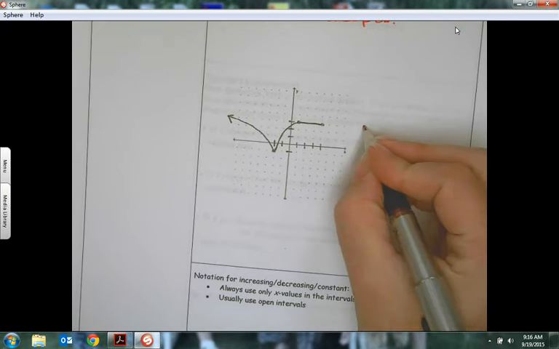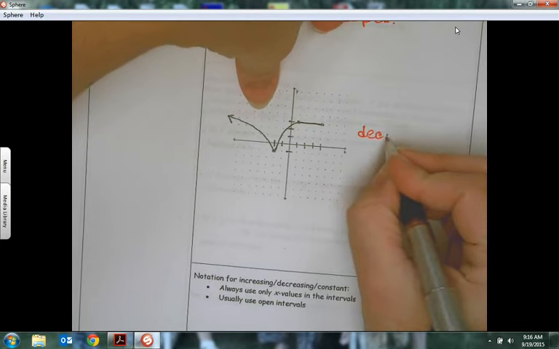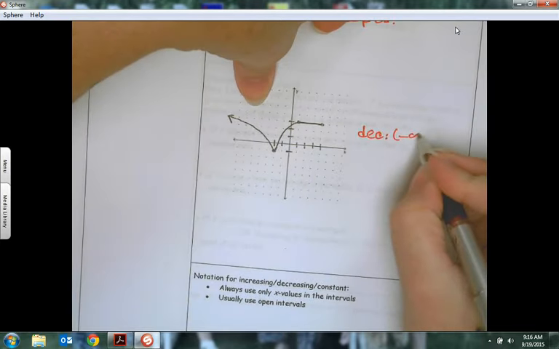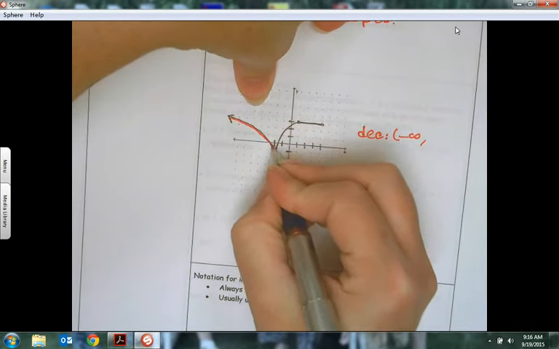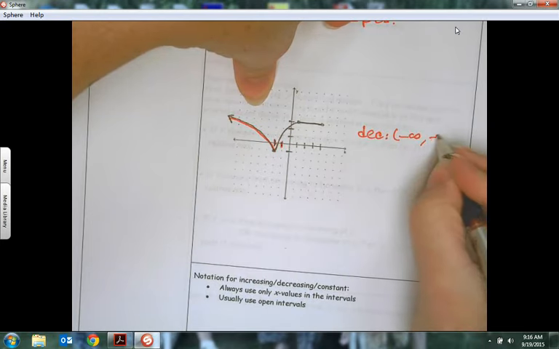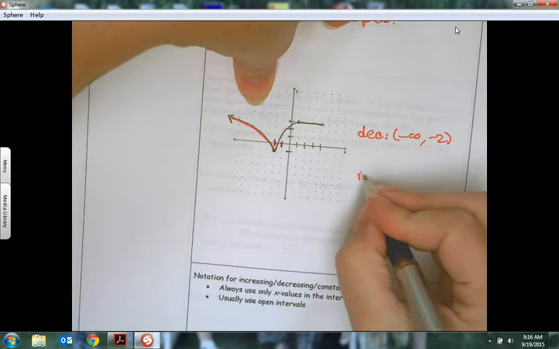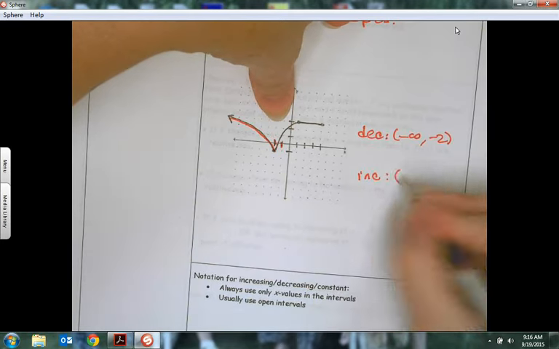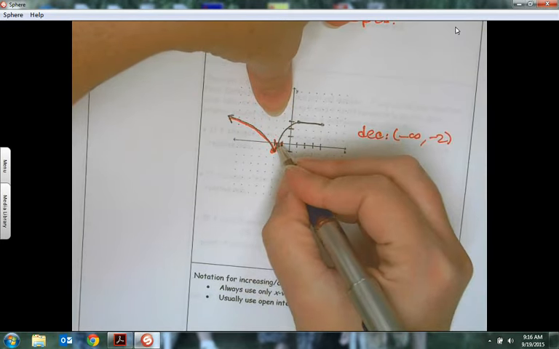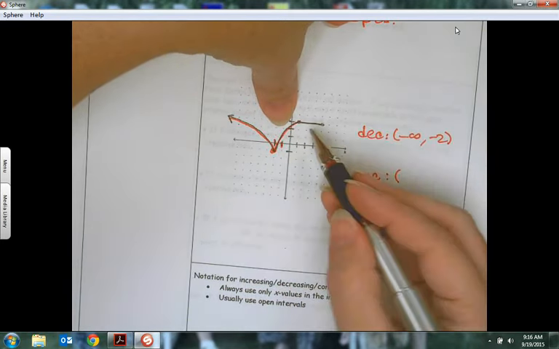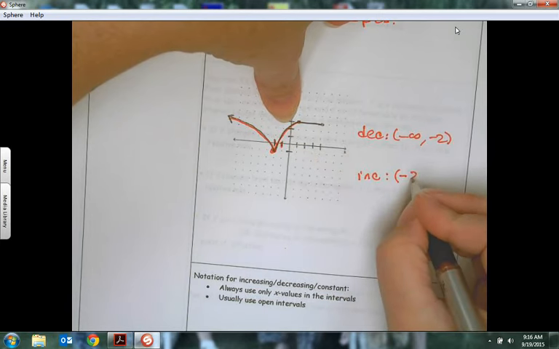Okay, let's look at this one. So let's see, I start out decreasing from negative infinity all the way until negative 2. And then I am increasing from negative 2 all the way until 1.